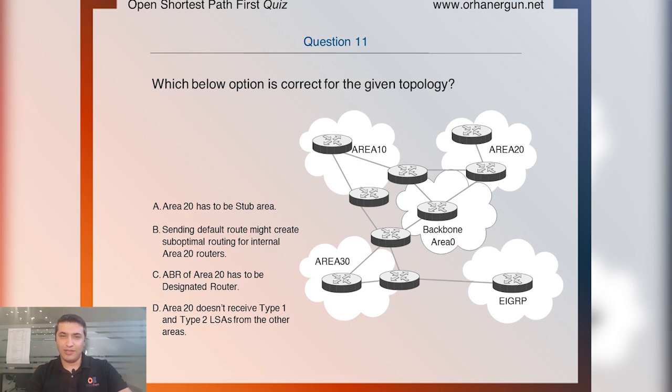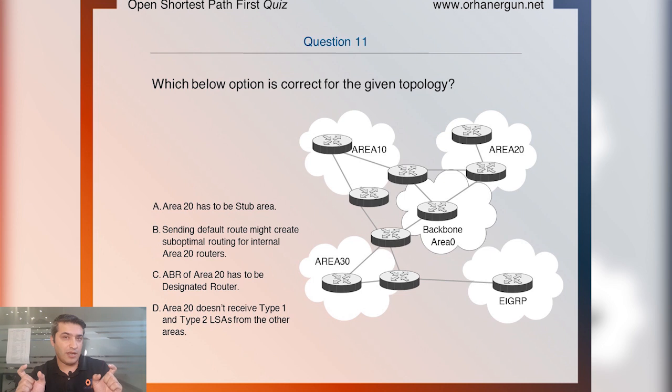We have only one ABR here, right? So the ABR is connecting area 20 to the backbone area, only a single router. So when we send the summarization, let's say we have /20s, /24s, /32s, whatever, and we are sending a /16.